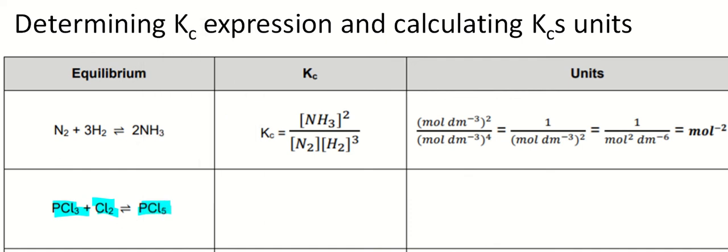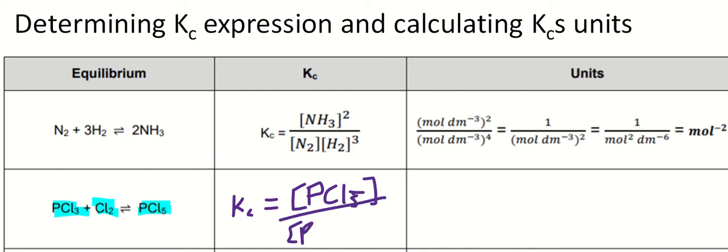Basically KC is always equal to the concentration of the products to the power of their stoichiometric coefficients, which here is just 1. PCl5, divided by the concentration of PCl3, times the concentration of Cl2.